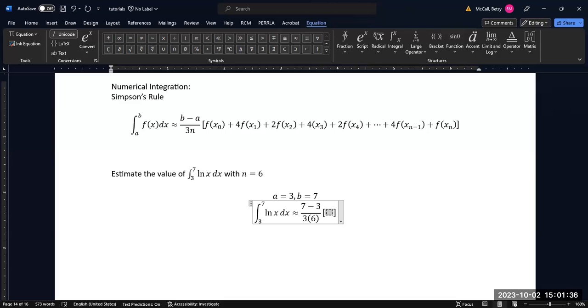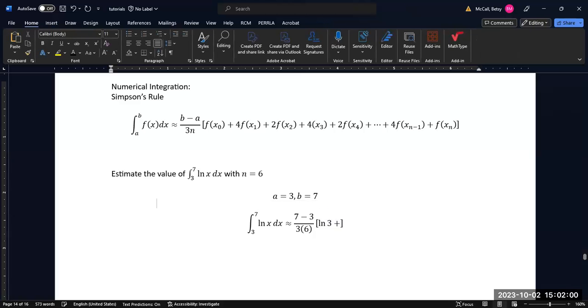Now, our coefficient out front, b minus a over 3n, is going to be 4 over 18. So 2 over 9 is what it's going to reduce to. And then in our formula, we're going to have log of the first value. And then we need to figure out what the next step is going to be.